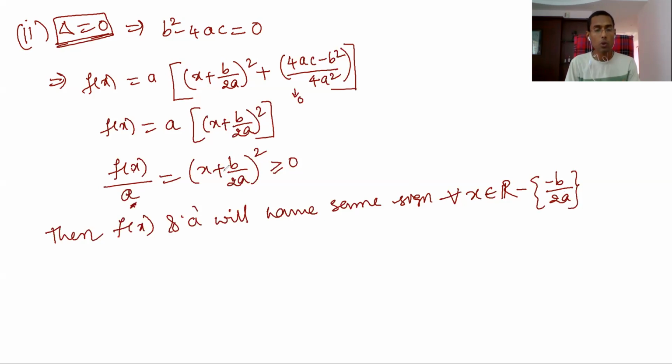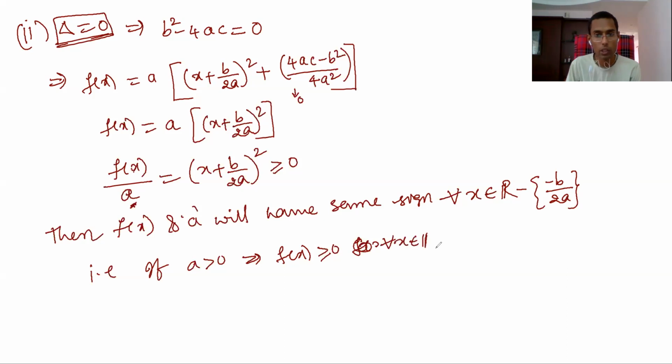At minus b by 2a, what will happen? This is going to be 0. So what does it mean? If a is greater than 0, that implies f of x is greater than or equal to 0 for all x belongs to R. This is one case you can write.